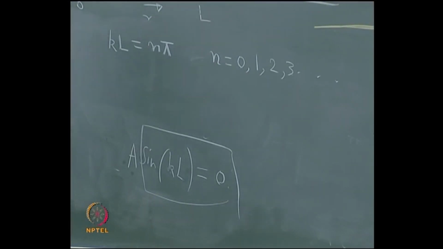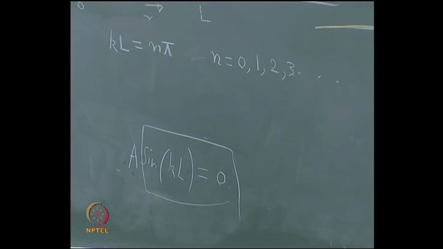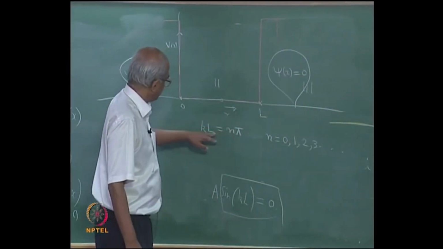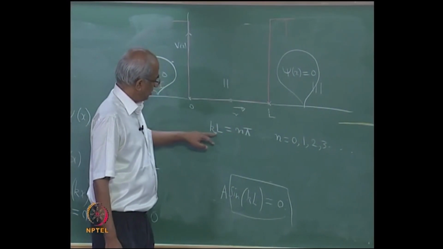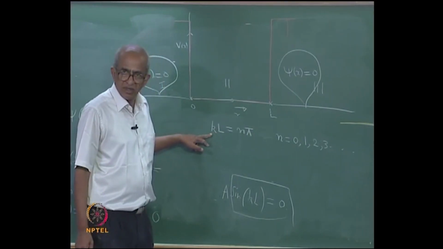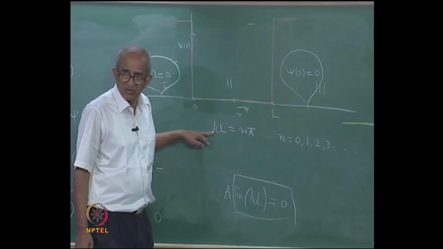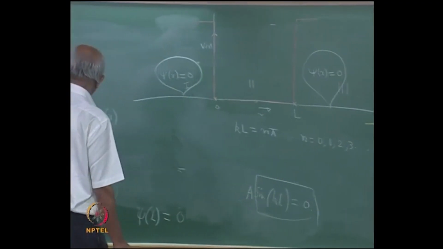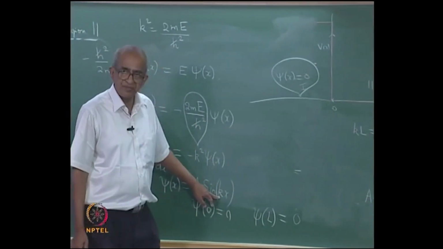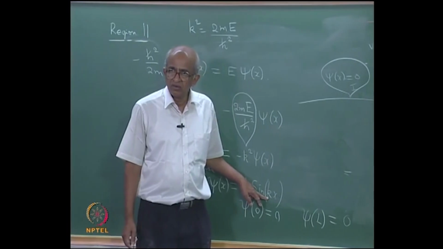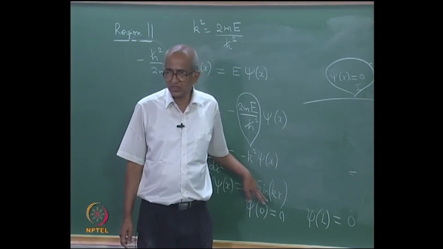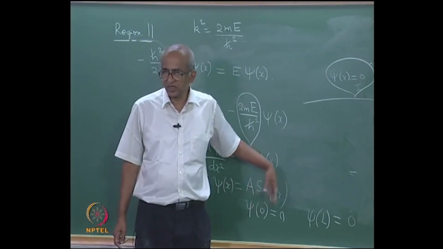But suppose I choose the case with n equal to 0. If you put n equal to 0, what will happen? You will have k into L equal to 0. That means k must be equal to 0, and if you have k equal to 0, you will get 0 for the solution again, which is something that you do not want. That is not an acceptable solution.